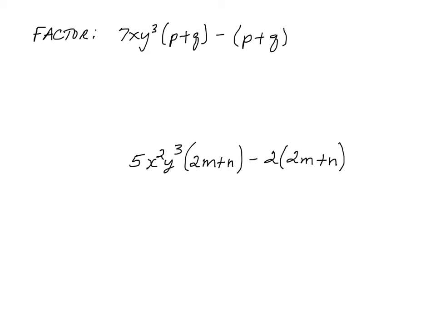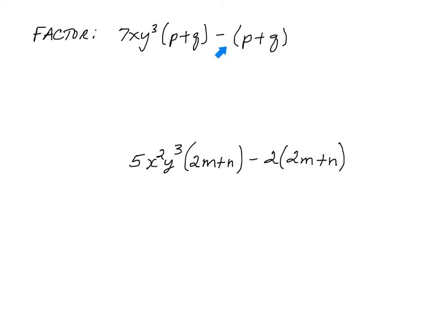Here's another one. With this one, though, we have 7x y cubed times p plus q minus p plus q. Okay? Now, what you don't see is a coefficient in front of the second p plus q.